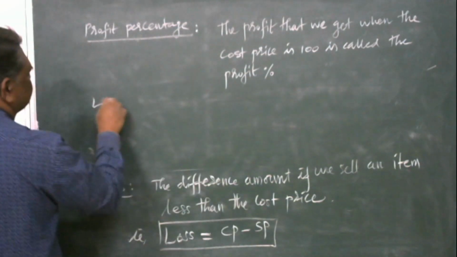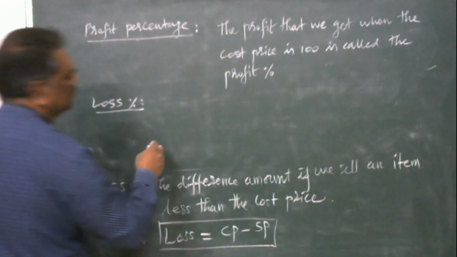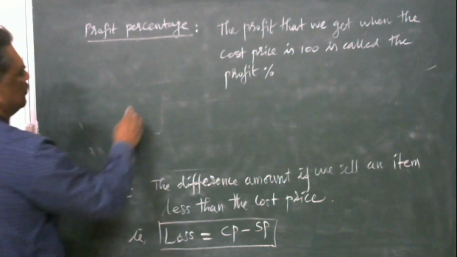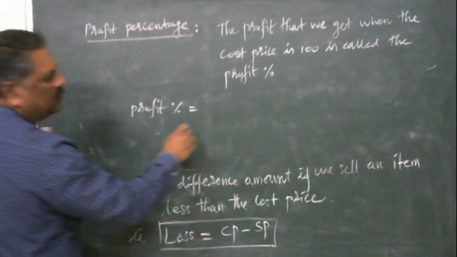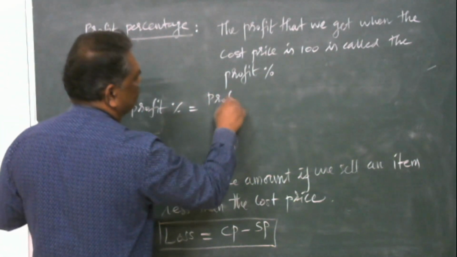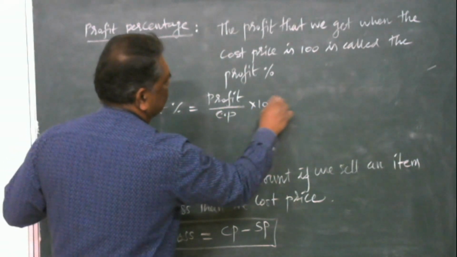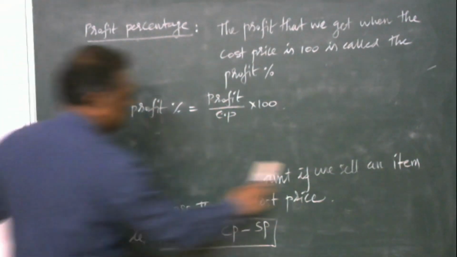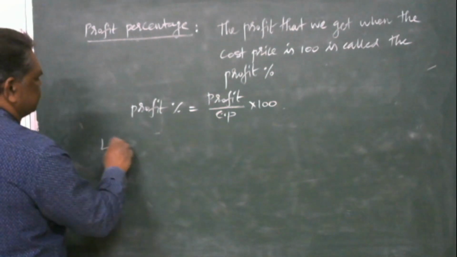Similarly, loss percent. What is loss percent? So the formula: profit percent is equal to profit divided by CP into 100. Profit percent. Next, loss percent.